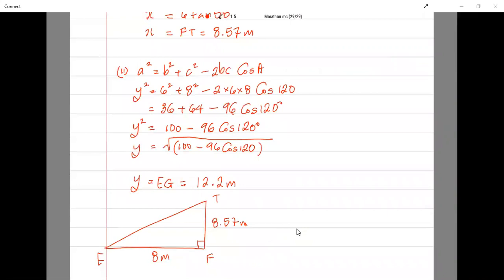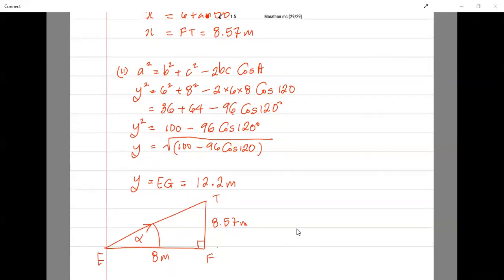Now, you're being asked to find the angle of elevation of T from E. So it means that somebody's at E looking up at T. This line EF is your horizontal, and the angle of elevation is this angle here. I'm going to call it alpha.